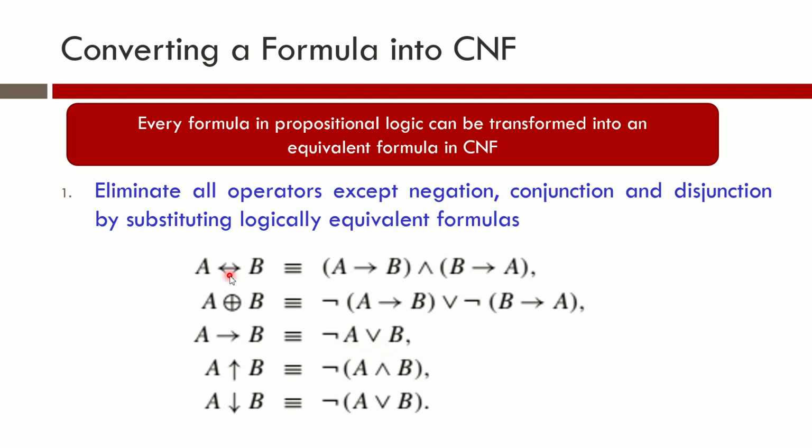Similarly, if your formula contains A equivalence B, A equivalence B is A implies B and B implies A. And this A implies B, you can transform as negation A or B. That way we need to eliminate all the operators in the formula except negation, conjunction and disjunction.